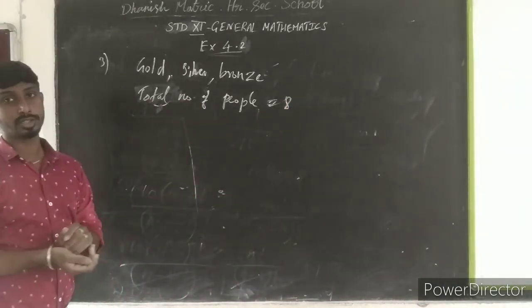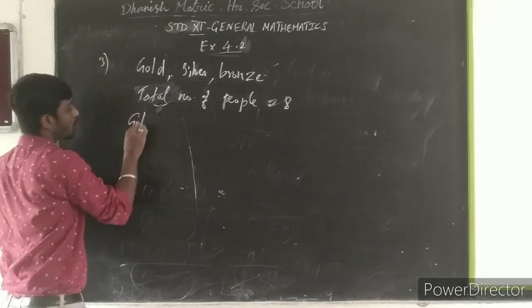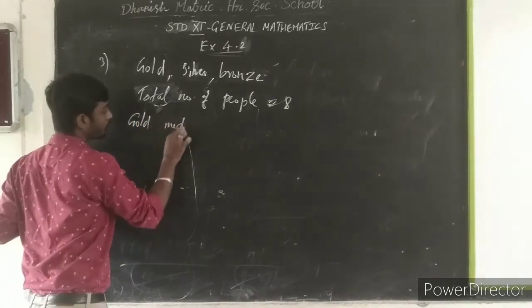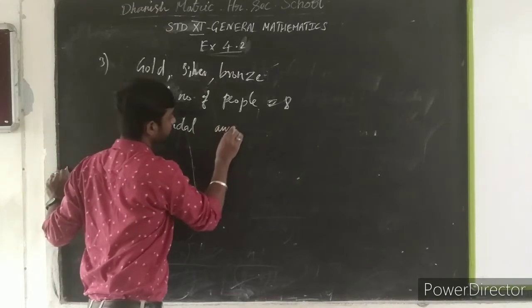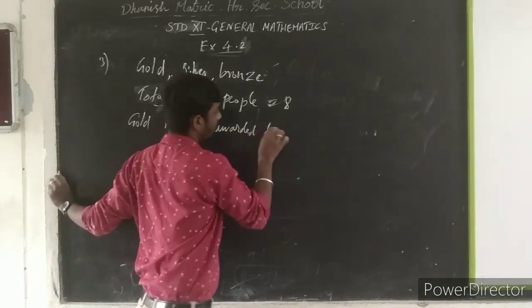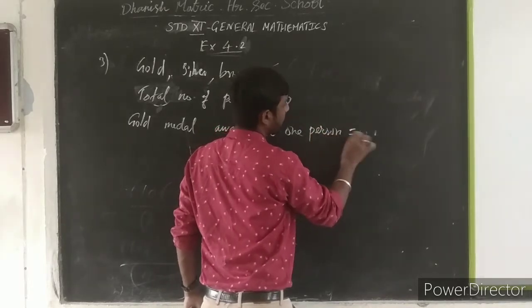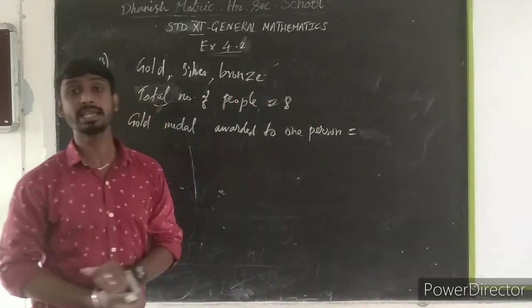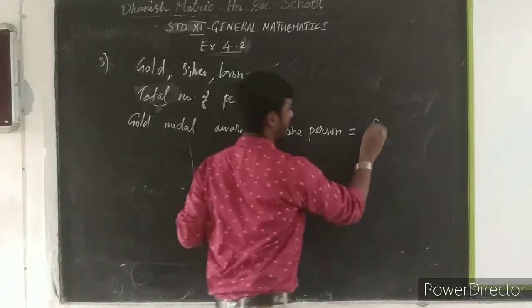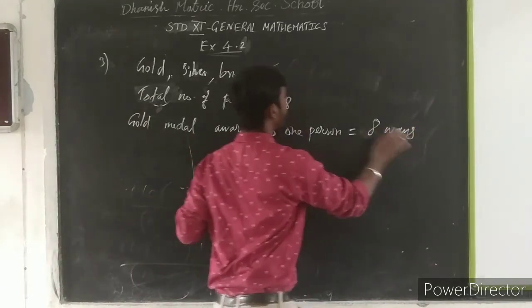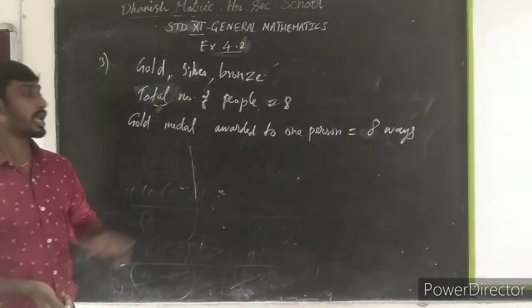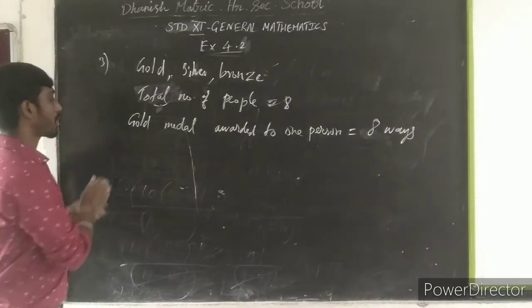How many ways? The gold medal awarded to one person, in how many ways? They are asking how many ways. That is 8 ways, because 8 people here. So now coming to the silver.